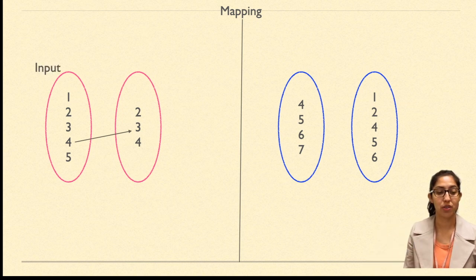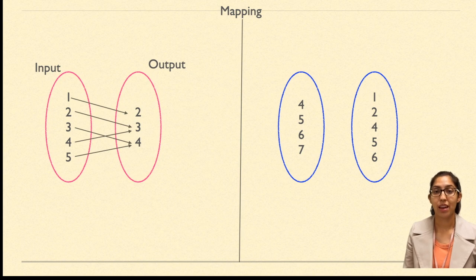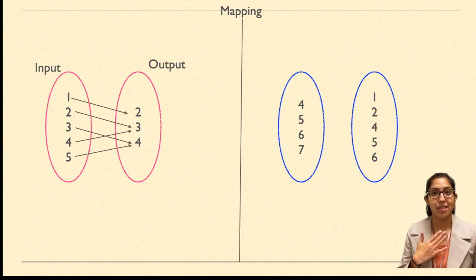So this first side is the input side, the second side is the output side. 1 goes to 2, 2 goes to 3, 3 goes to 4, 4 goes to 3, and 5 goes to 4. So notice that the arrows are going to each number. This is not something you would have to do. This is something that's going to be done for you. So you're just reading the data that's there, the input-output pairs.